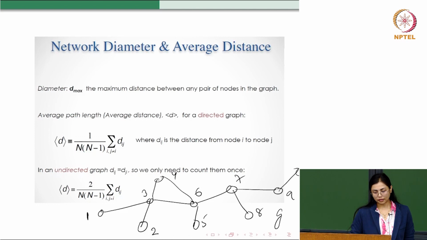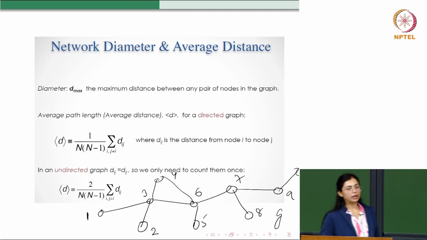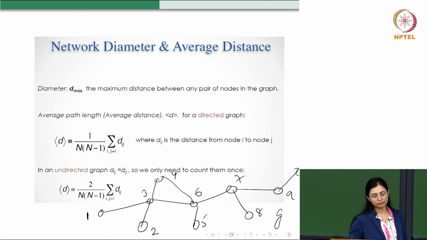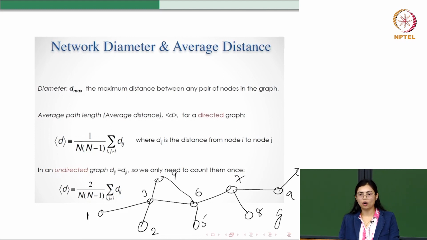Okay. And average distance will be what? Sum all the distances and divide by all the pairs. Sum of all the distances between two nodes divided by the total number of pairs of nodes. In case of, say, undirected, n is the number of nodes and it is actually n into n minus 1 by 2. What do you mean by that? Total pairs.